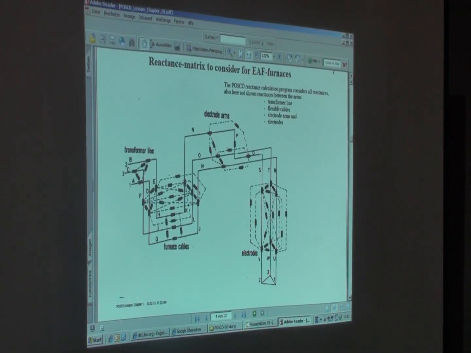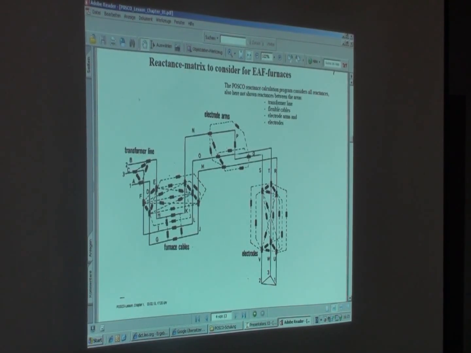This one, this one, this one. If you calculate this, it's this copper plated part, and here you have a conductor, and for each conductor it is important to calculate the geometric mean radius.